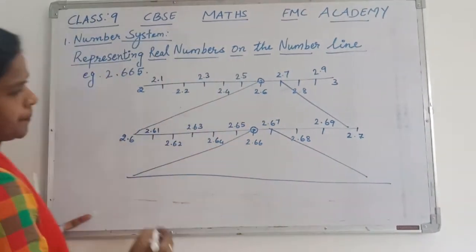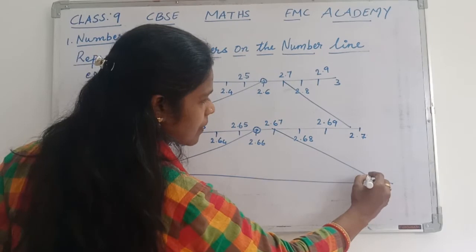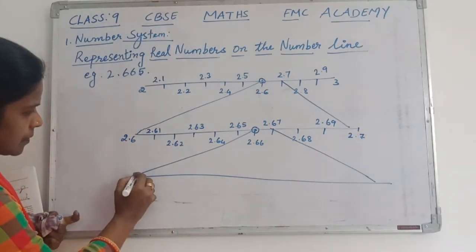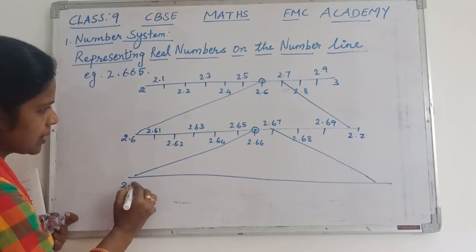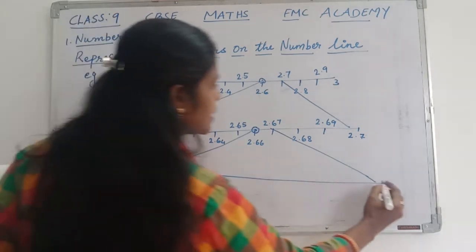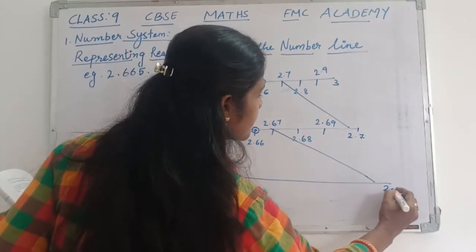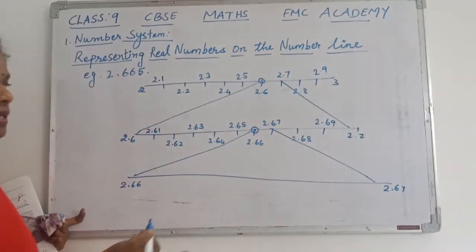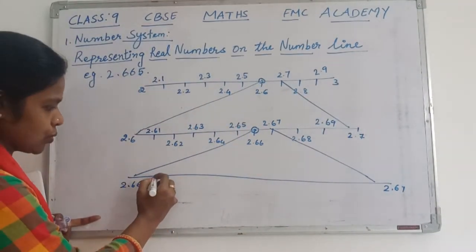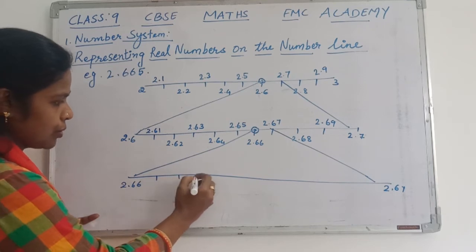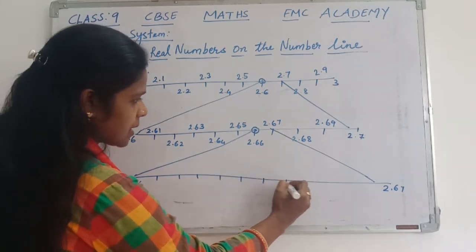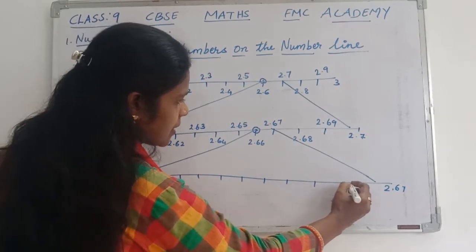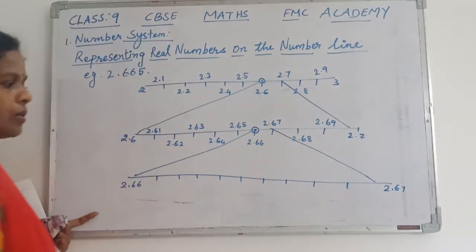Here you will take 2.66, and here you will take 2.67, and between these, as usual, 10 equal parts: 1, 2, 3, 4, 5, 6, 7, 8, 9, and then the last one you have over there.